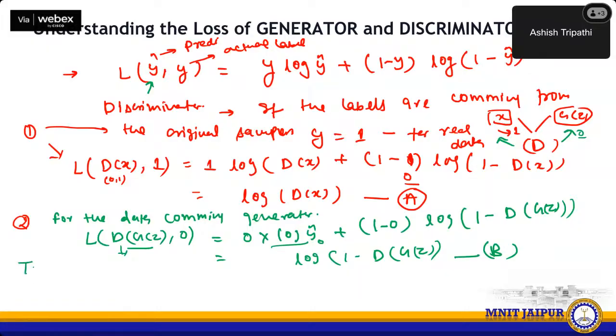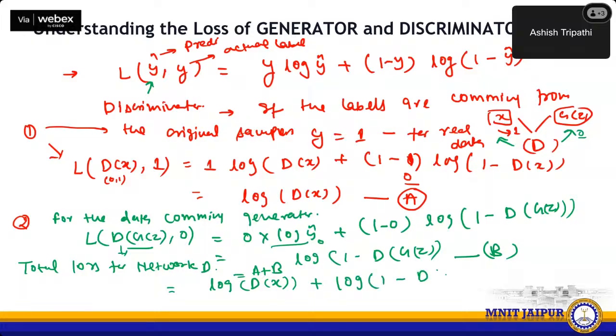So what will be the total loss for the discriminator? Total loss for network D. What will be the total loss? Total loss will be A plus B, and it has to be, A part is log of D of x, plus log of 1 minus D of G of z.